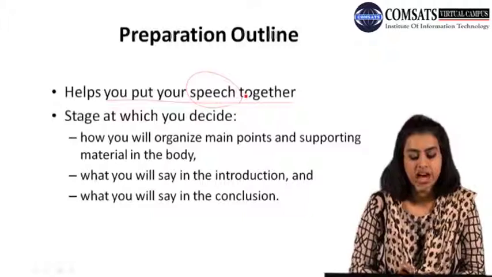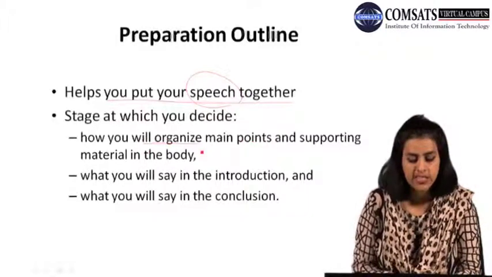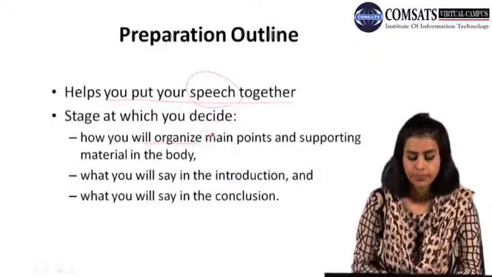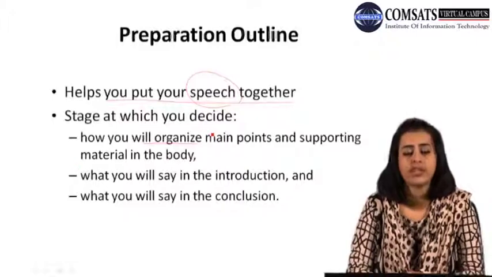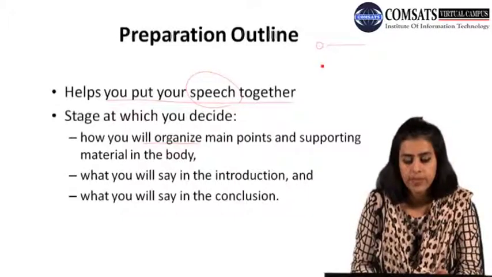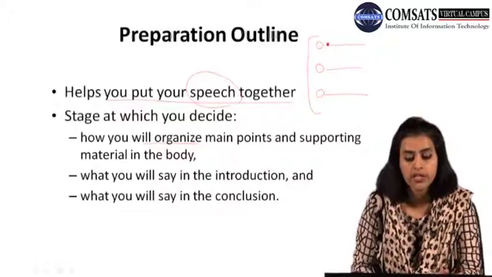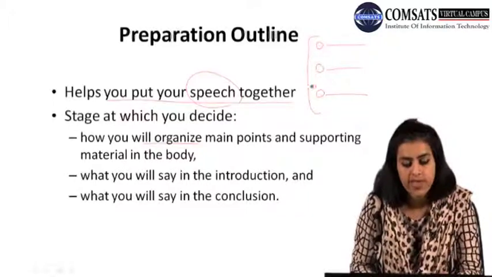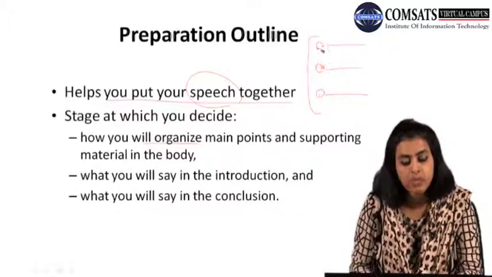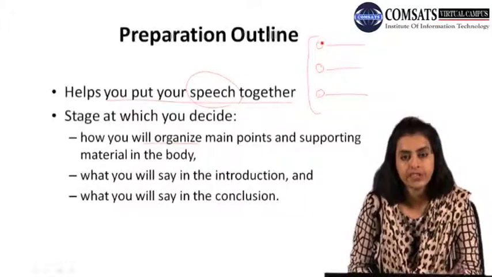This is one stage at which you decide how you will organize the main points and the supporting material in the body. So if this is going to be my main point number 1, and this is going to be my main point number 2, and this is going to be my main point number 3, first of all, in your preparation outline, you would decide the sequence, which one needs the most priority to be put on the first level.